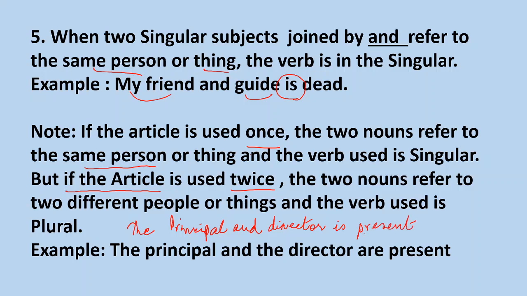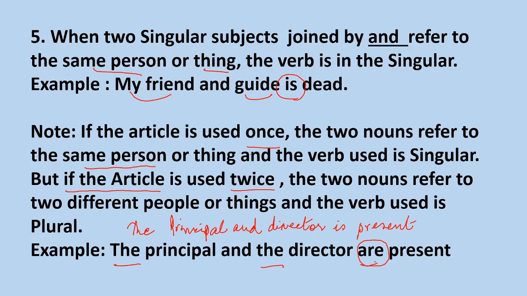That is, the person who is the principal as well as the director, he is present. But if there are two articles, the principal and the director, that is denoting two people, in that case your verb becomes "are". I hope learners you have understood. Once more I repeat: if two singular subjects joined by and are referring to the same person, then it is always a singular verb.